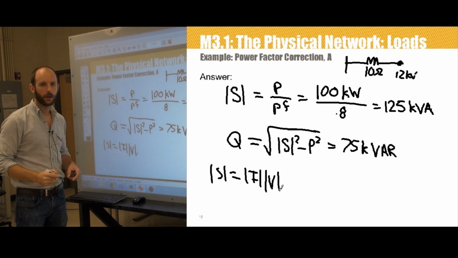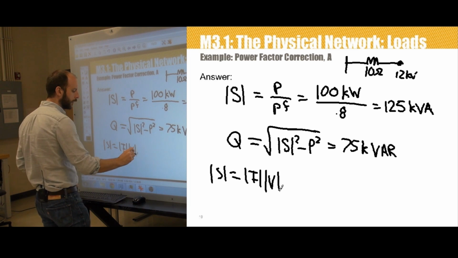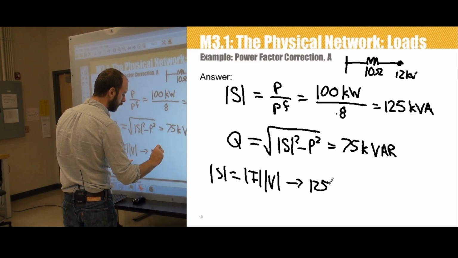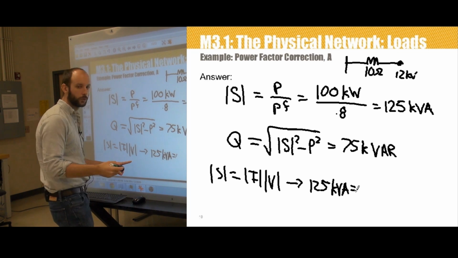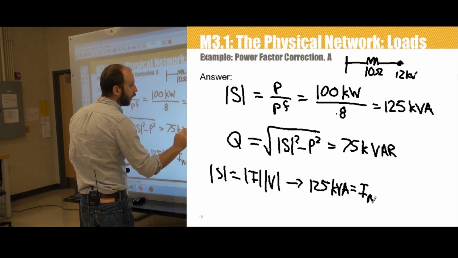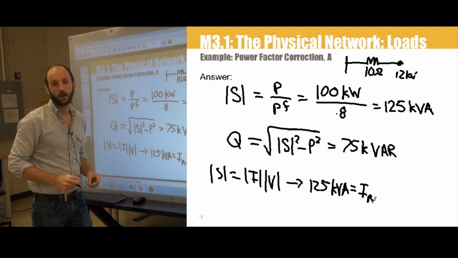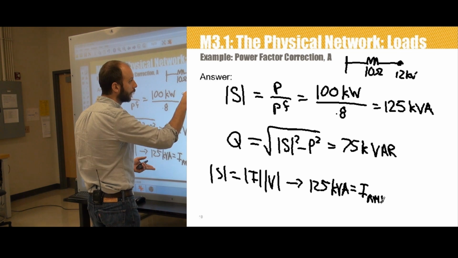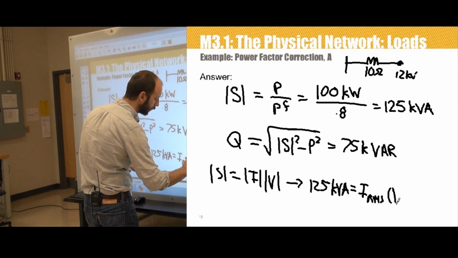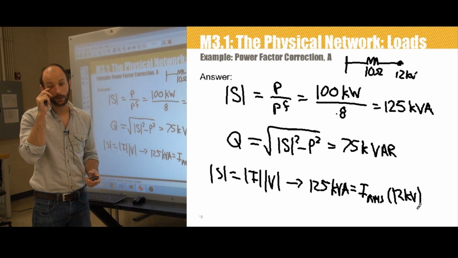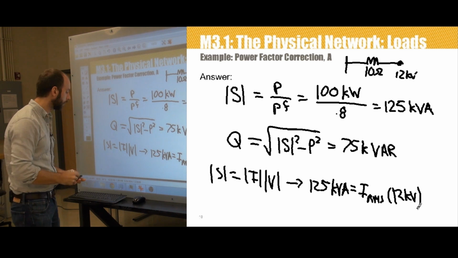We can use that. So 125 kVA is going to be equal to whatever the current draw is, I, times 12 kilovolts. That 12 kilovolts is spec'd in RMS, so this is an RMS current that we're going to be calculating. And so that gives us a current draw of 10.4 amps RMS.